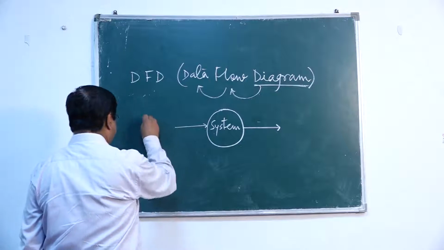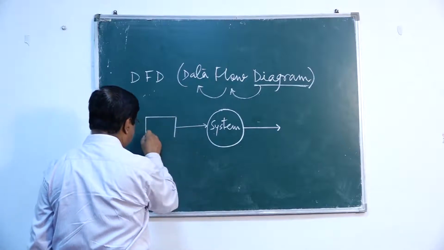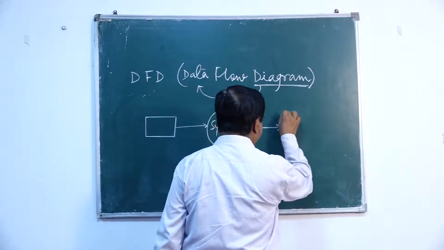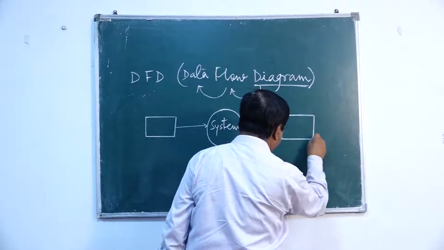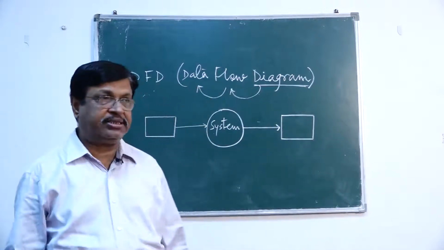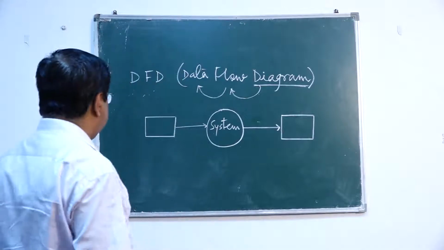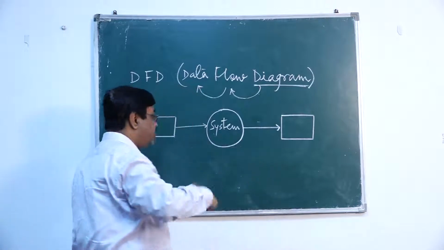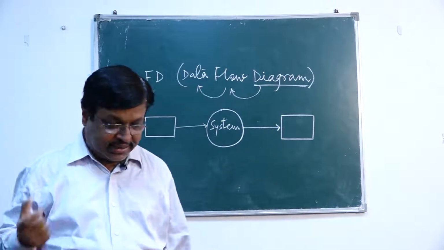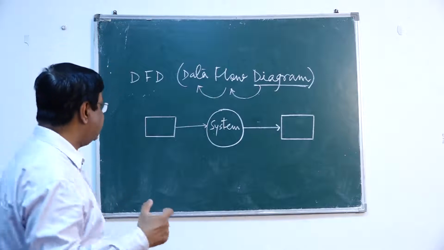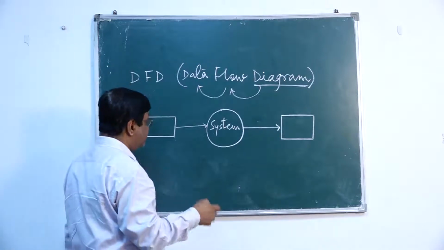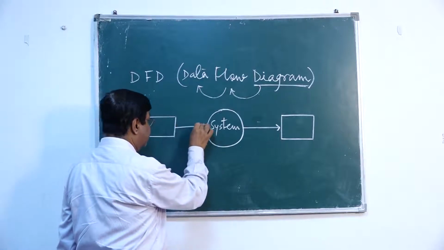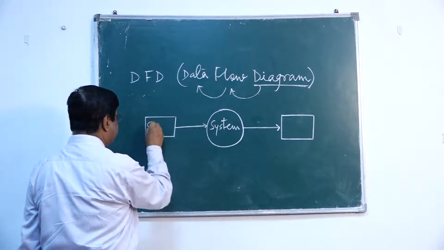At the same time, from where this data arrives, what is the source, and where does the data go, what is the sink, what is the recipient. So, in fact, DFD is a diagrammatic representation of flow of data in a system from source to destination.